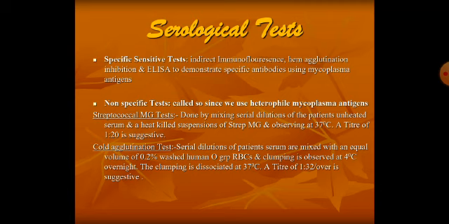The next day, when we look for the titer of the antibodies, a titer of 1:32 or above is suggestive of Mycoplasma pneumoniae infections.